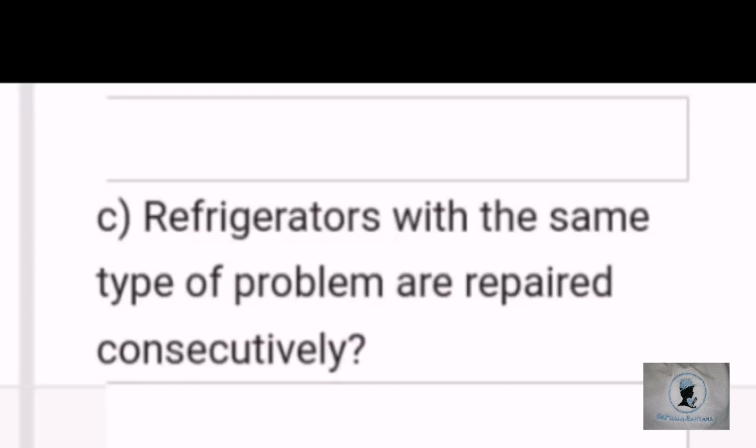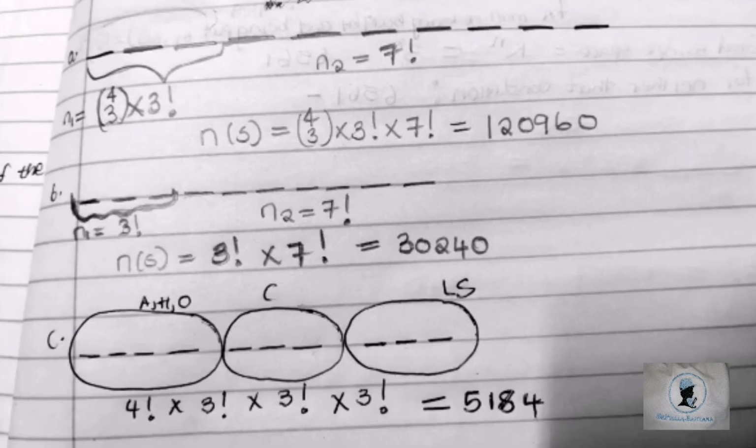So C says refrigerators with the same type of problem are repaired consecutively. Okay, so this is the solution. Here I'm showing you the refrigerators that have audible, high-pitched and oscillating problems, then the ones that have compressor problems here, and the one that has less serious problems.